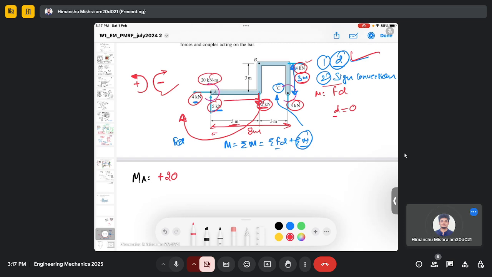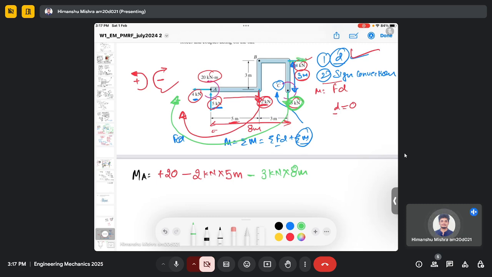So it is minus 2 kilonewton force multiplied by the perpendicular distance which is 5 meter. Now similarly, for the 3 kilonewton force, the direction is downward, and the rotation about point A will be clockwise, which means it has a negative movement about point A. So it's 3 kilonewton multiplied by 8 meter.